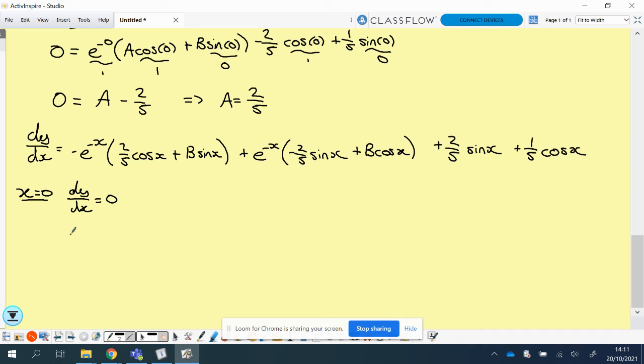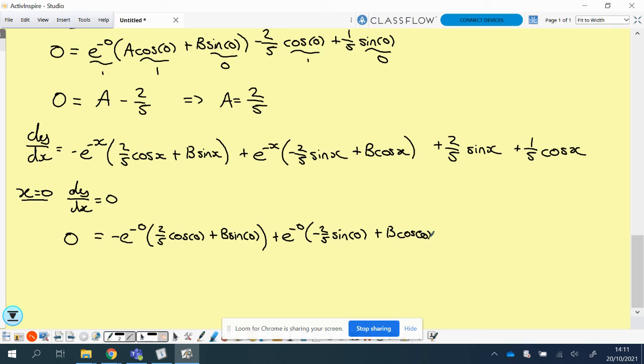So we have dy by dx is 0, so the left-hand side is 0. We've seen a lot of this before, so you put 0 in every time you see an x. I'm going to get 2/5 cos of 0 plus b sin of 0, plus e to the negative 0 times negative 2/5 sin of 0 plus b cos 0, plus 2/5 sin of 0, plus a fifth cos of 0.